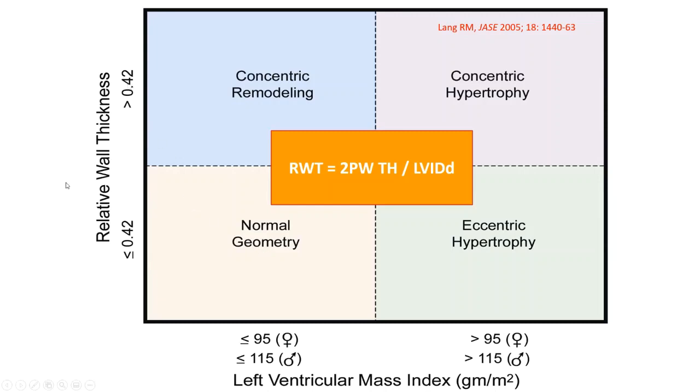And the partition value that is used in the guidelines is 0.42. These numbers are probably important for you to commit to memory.